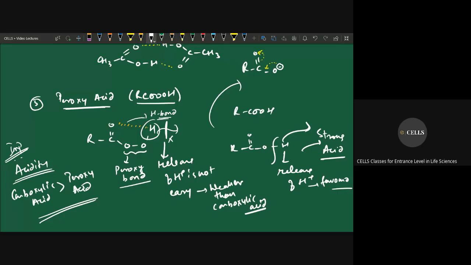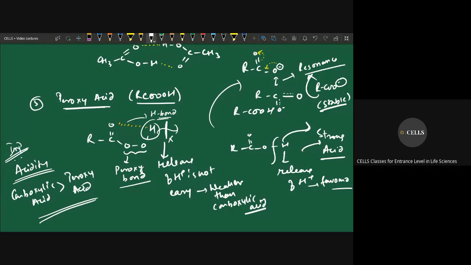As a result of that, this structure will be formed, C O minus with partial double bond character, and this is what we call resonance. So after you release the H plus, the intermediate structure, this RCOO minus, is resonance stable.